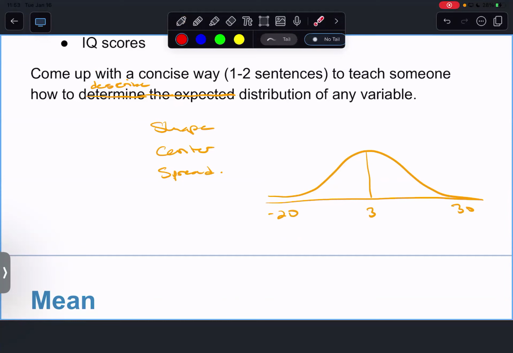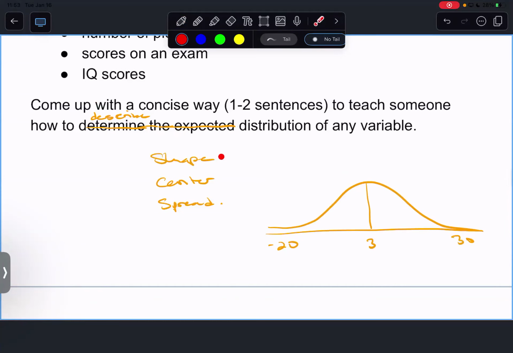Because we've spent a lot of time on shape, and now we're going to spend a lot of time on center, followed by spread. Now, the shape of the distribution determines what an appropriate measure of center and spread are going to be. Okay?